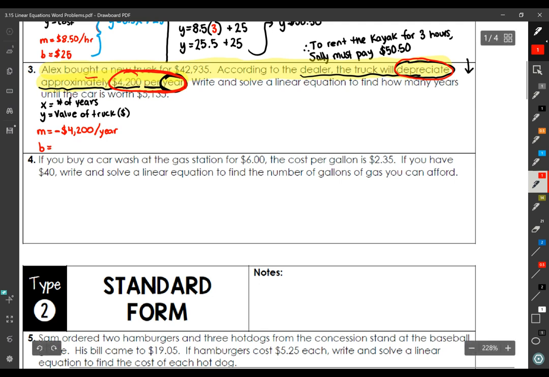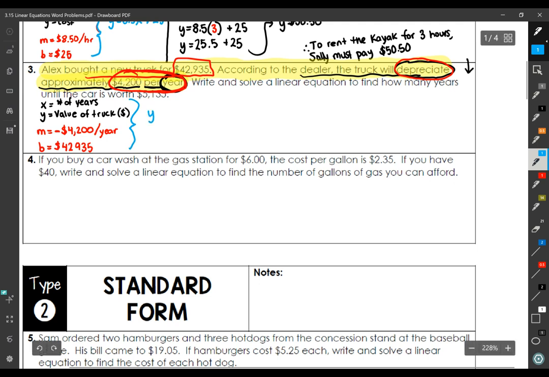In my b, what's the initial value of the truck? Well, it says that Alex bought a new truck for $42,935. So that's our initial value. Now let's take this information and create our equation.